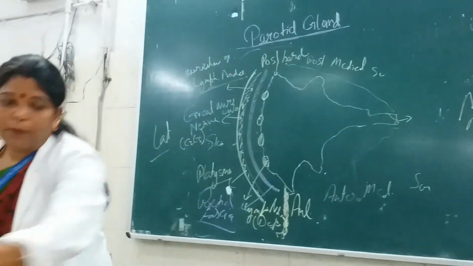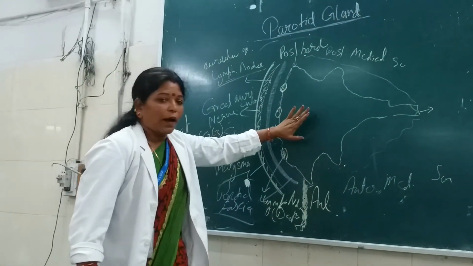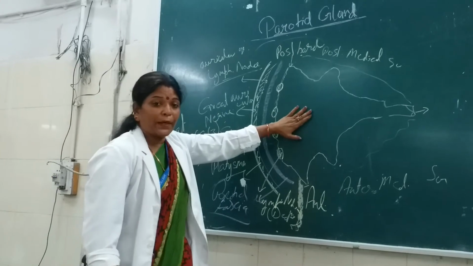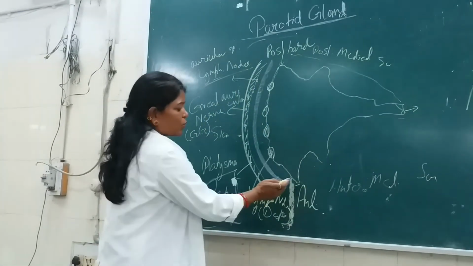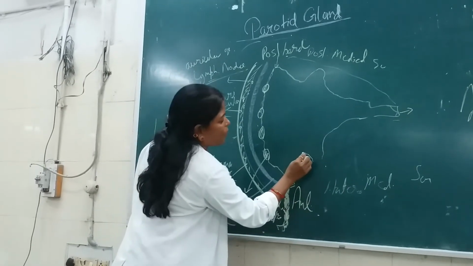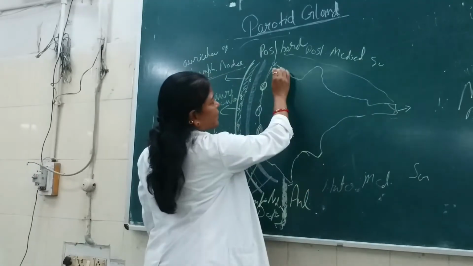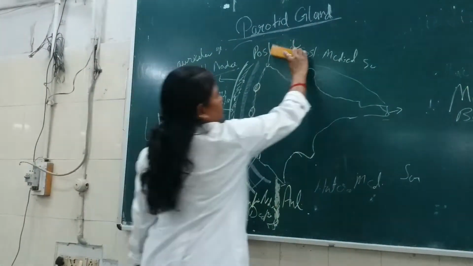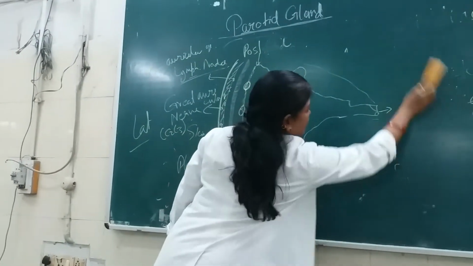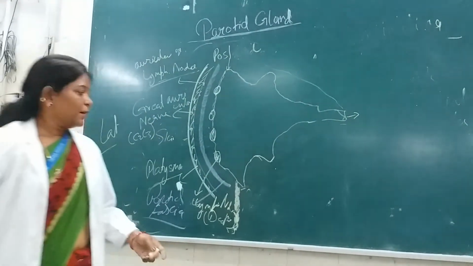First you make it clear in the mind, then you will be able to relate the structures which are present here. So this is the anteromedial surface and this is the posteromedial surface. Now one by one.